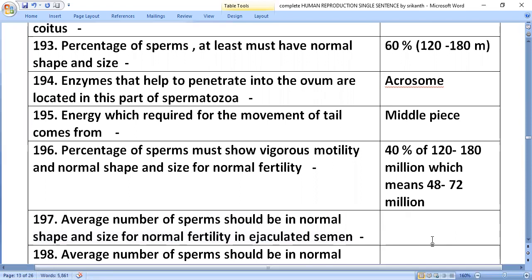Average number of sperm should be in normal shape and size for normal fertility in ejaculated semen.